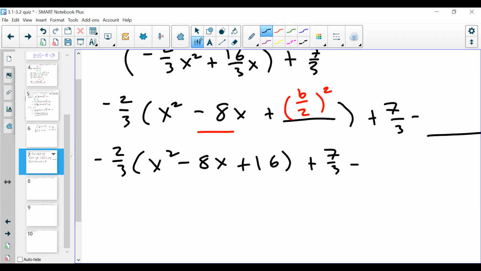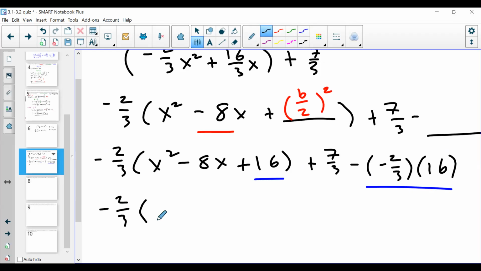So I'm going to subtract that negative 2/3 times 16, because this right here is really what I put in when I put in that 16. And then this x squared minus 8x plus 16 factors to x minus 4, all squared. And then I have plus 7/3, and that's going to give me a positive 32/3.